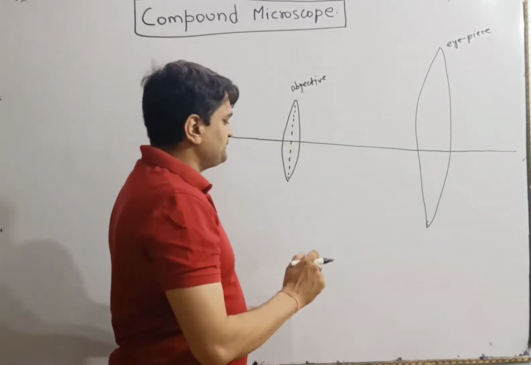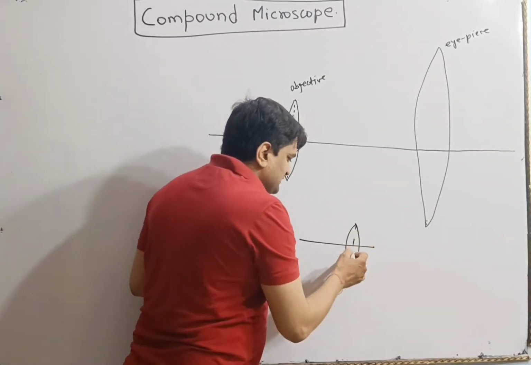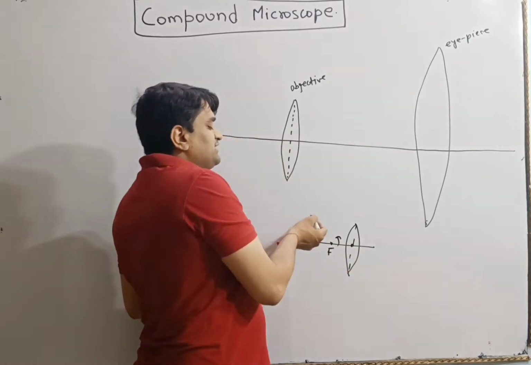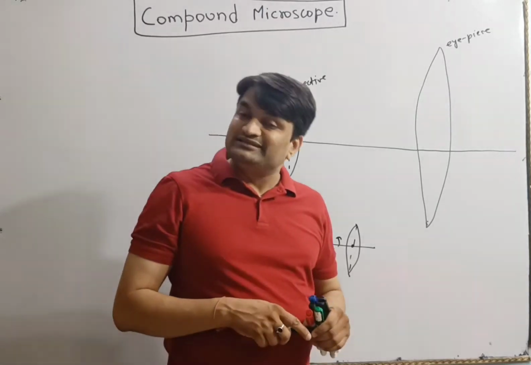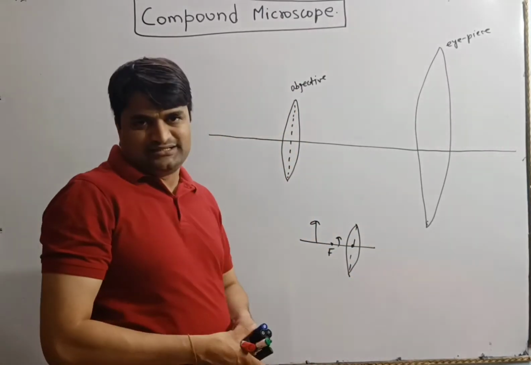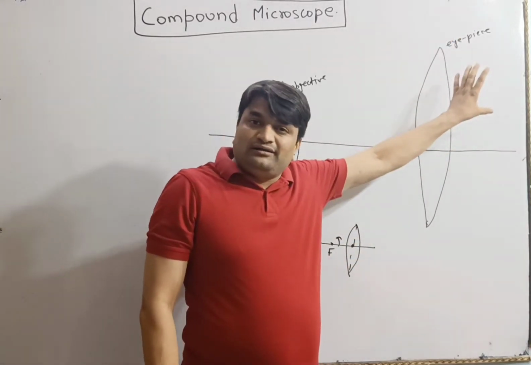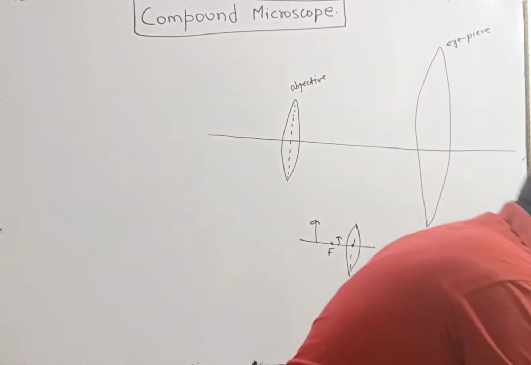As we know, if an object is placed between optical center and focus, then the image will be enlarged and virtual. This is the concept that is utilized. That is, this lens is always a simple microscope that we have discussed already.